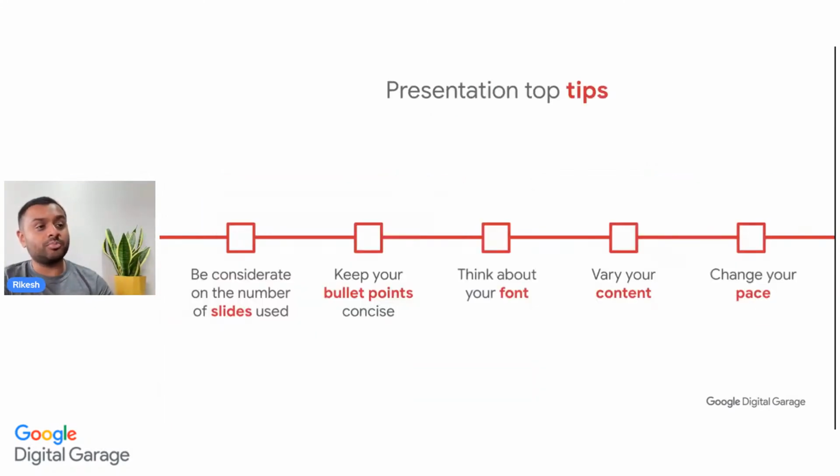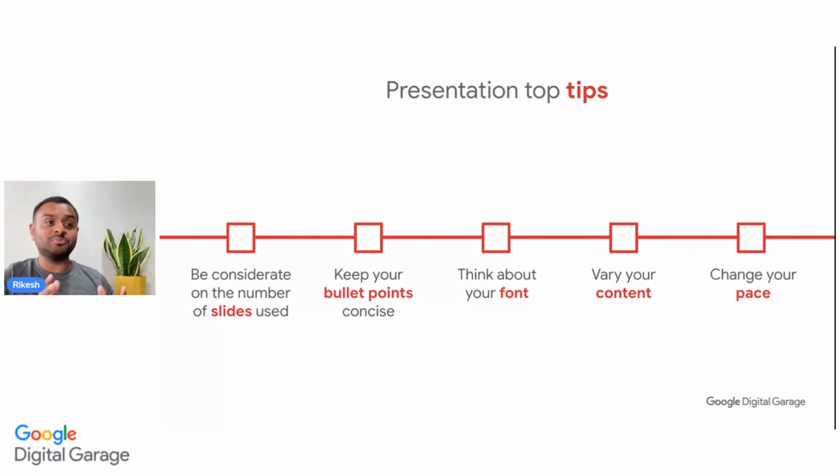Now, some top presentation tips you can see here on screen. Be considerate about the number of slides that you are going to use if you are using slideshow presentation software. We want to keep to concise bullet points that we spoke about. Think about our font as well. There are some fantastic fonts out there. You've got the fantastic calligraphy style fonts, if I could say that correctly, which are really great and look beautiful.